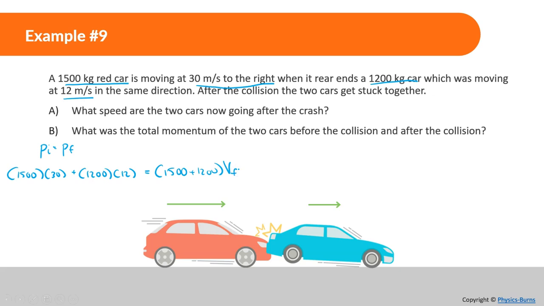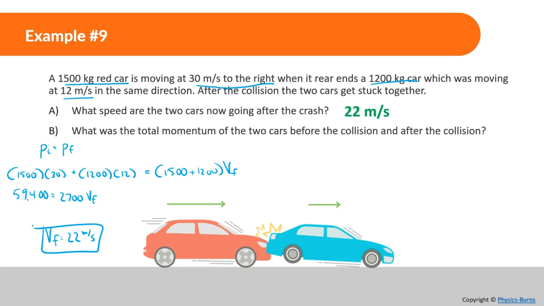I'm just going to call it V final. I'm going to use my calculator to simplify: 1500 times 30 plus 1200 times 12, and we get 59,400 is equal to 2700 V final. I'm just going to do 59,400 divided by 2700 to isolate the V final, and V final is equal to 22 meters per second.